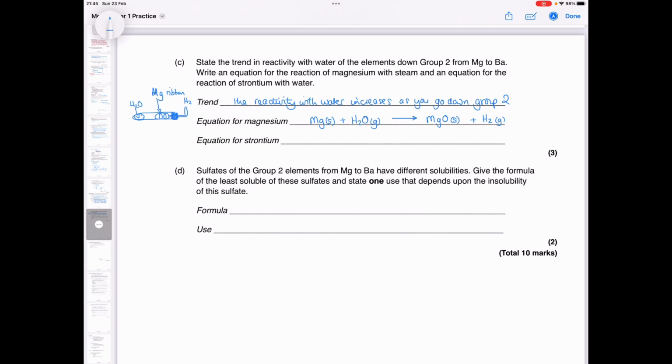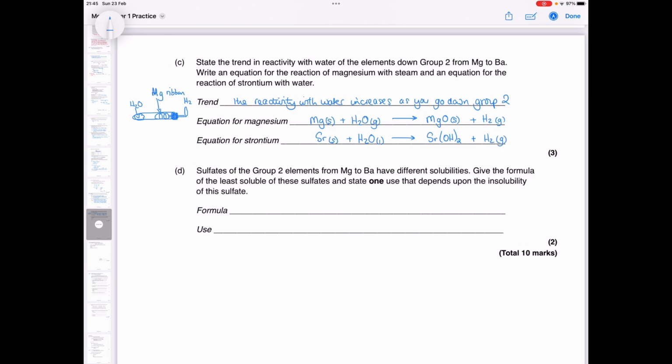By contrast, the equation for strontium with water. And this is with water liquid, will form strontium hydroxide, which is Sr(OH)2 plus hydrogen gas.